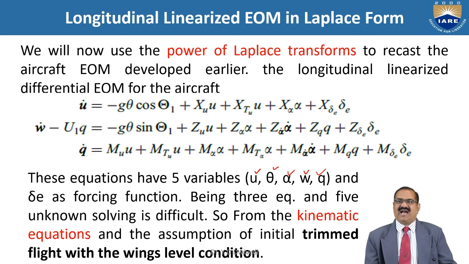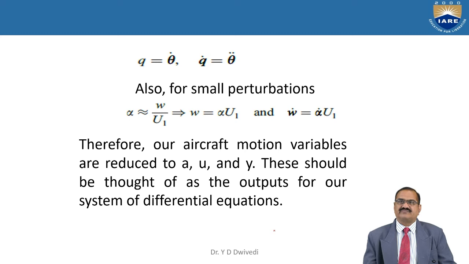So from the kinematic equations and the assumptions of initial trimmed flight with the wings level, we can solve these equations. If we take these assumptions, we get that q is equal to theta dot and q dot is equal to theta double dot. Here theta dot is the rate of the pitch angle.